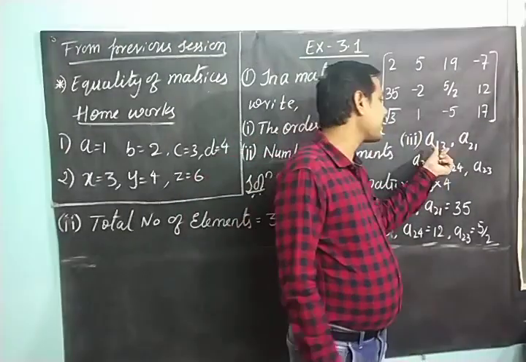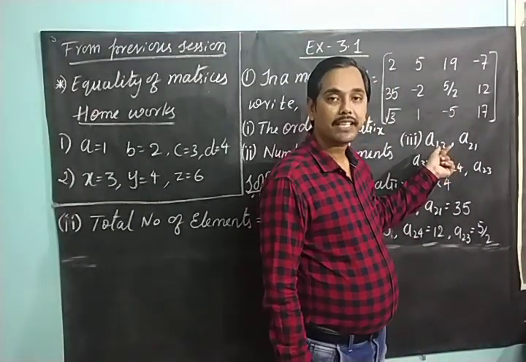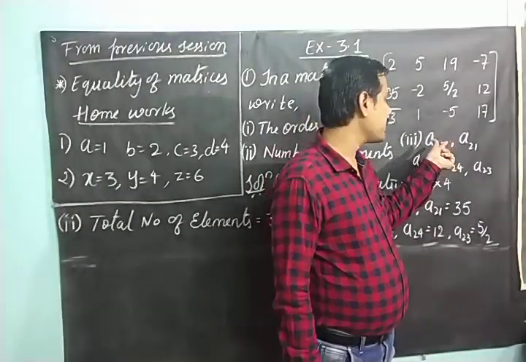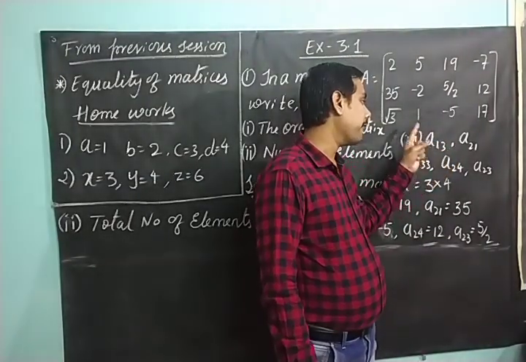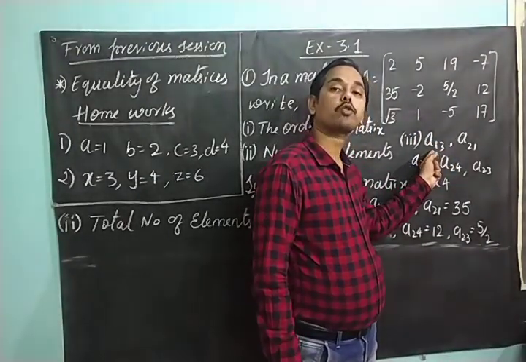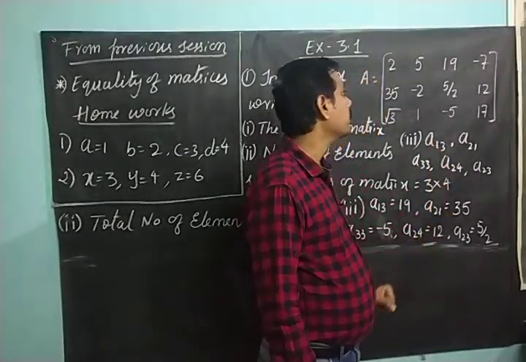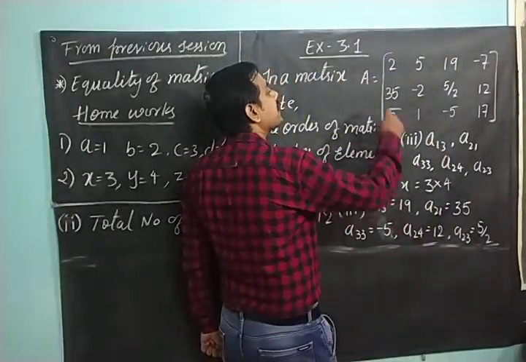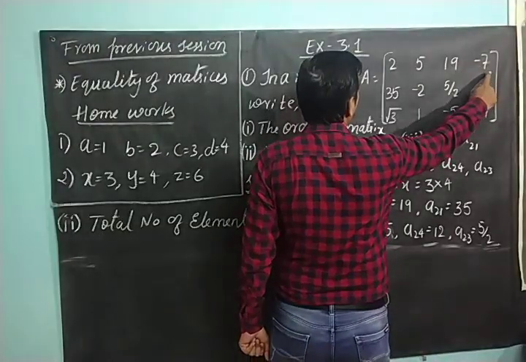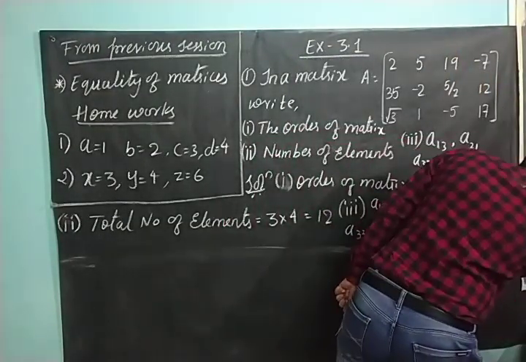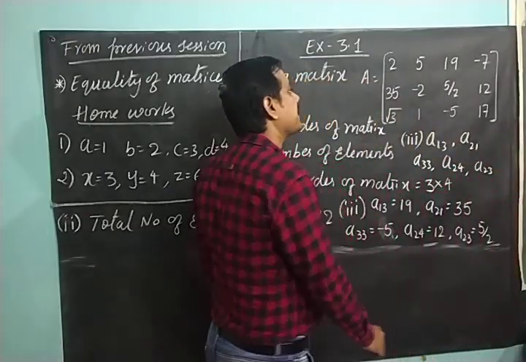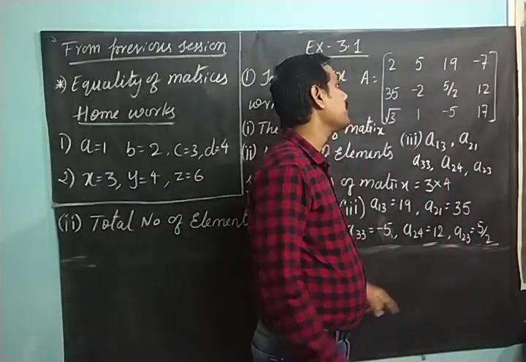So A13 means the value of the element in the first row and third column. The first row is this one, and this is the third column. Which element is present in the first row and third column?